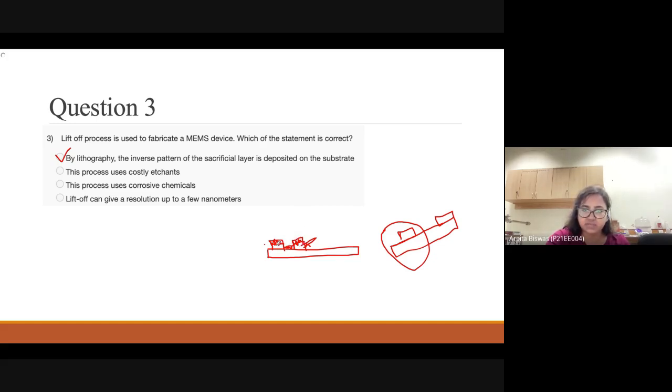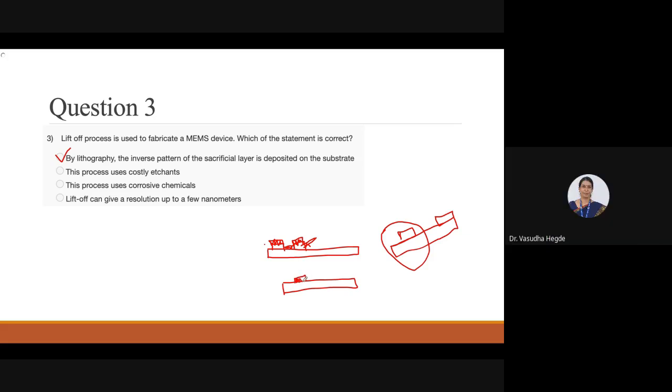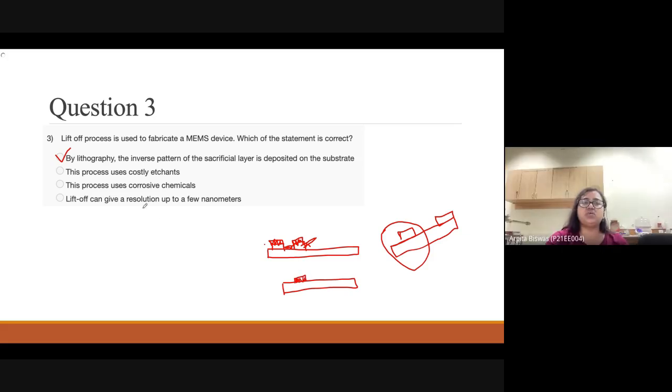In that case, this sacrificial layer will be removed, and so the metallic layer on top also is removed. So only this portion will remain. Only here will the metal be present. So this is called the lift-off process. So the right option is option A.